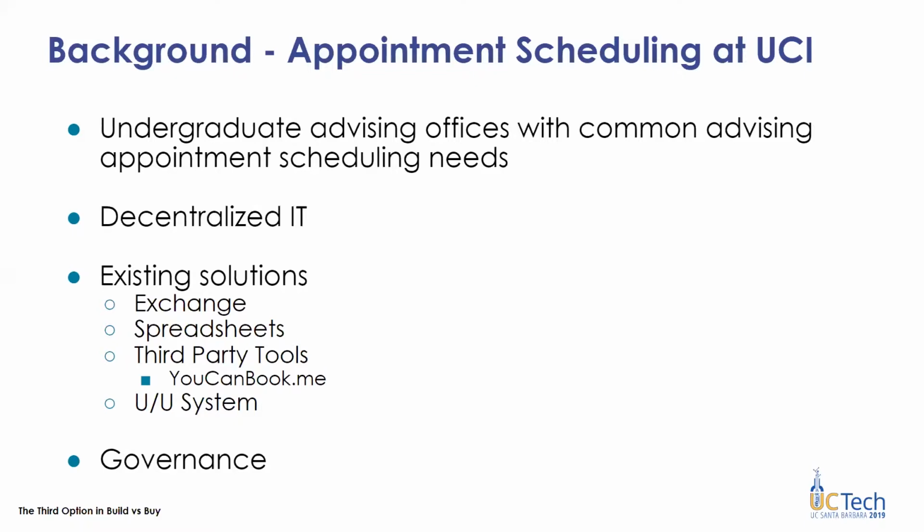Early on at UC Irvine, IT was decentralized, and so that meant that individual groups were on their own many times for how they would do things, including scheduling appointments.